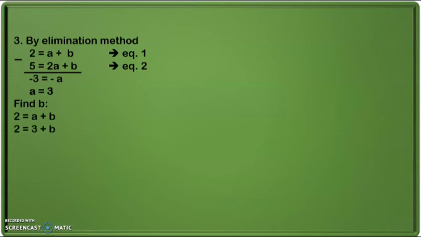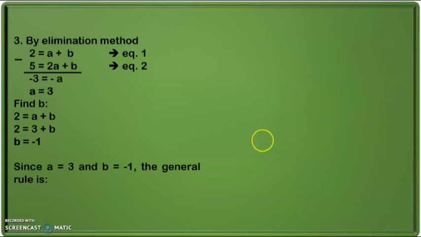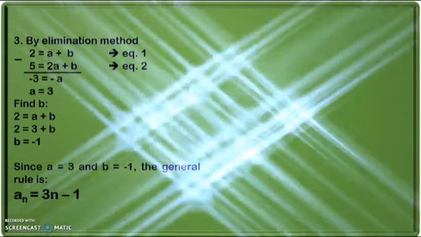That is 2 equals 3 plus b. Then b gives us negative 1. Since a is equal to 3 and b is equal to negative 1, then the general rule for that sequence is a sub n is equal to 3n minus 1.